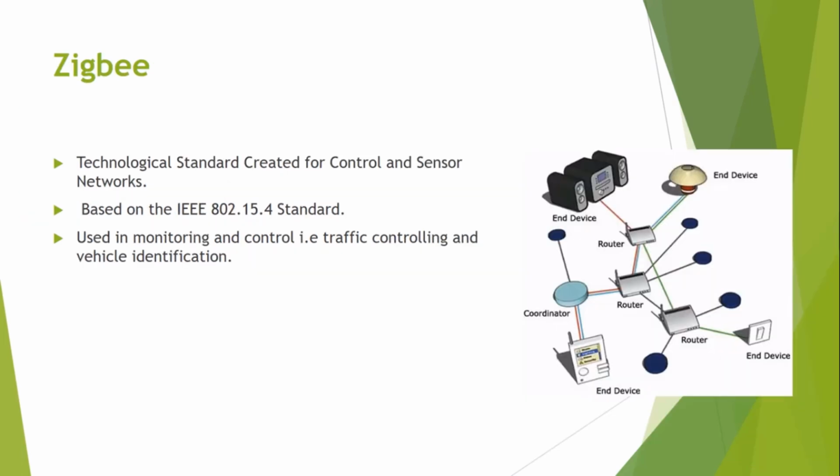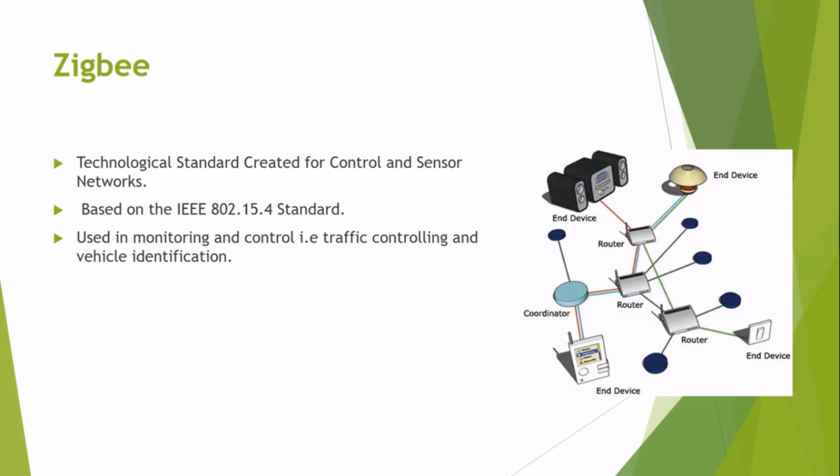Next one is Zigbee. Zigbee is a technology standard created for control and sensor networks. It is based on the IEEE 802.15.4 standard. It is used for monitoring, control, traffic controlling, and vehicle identification.